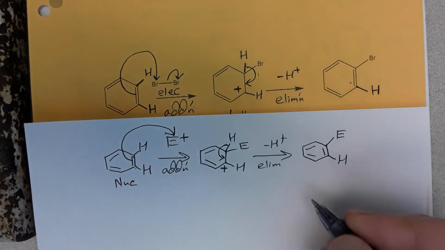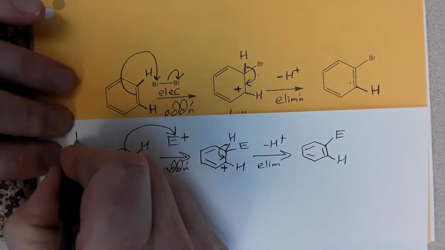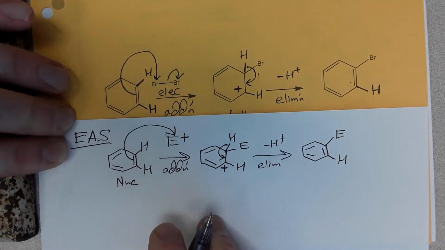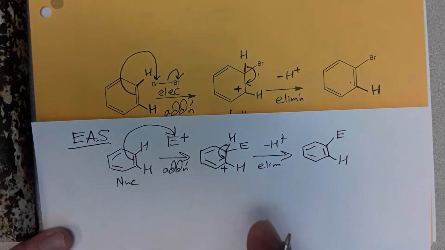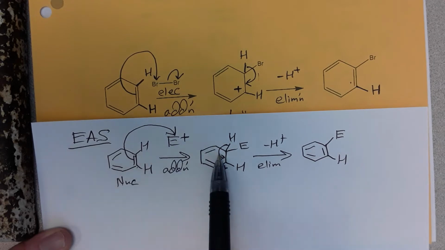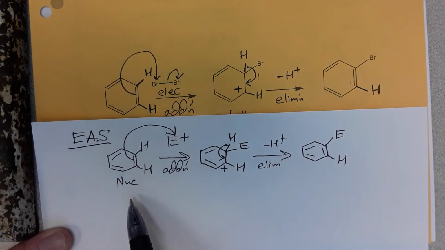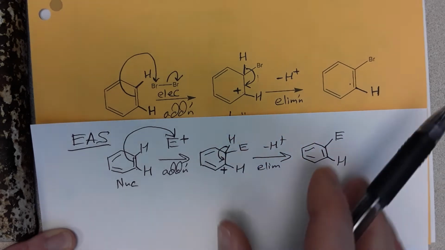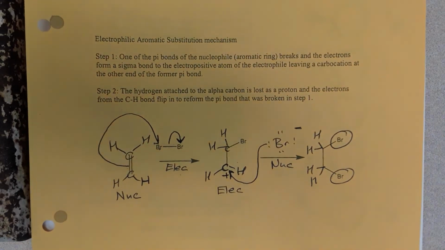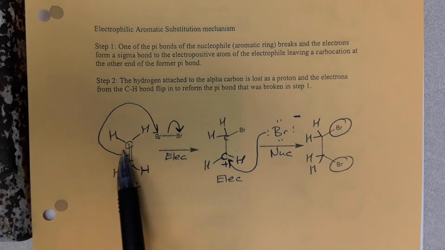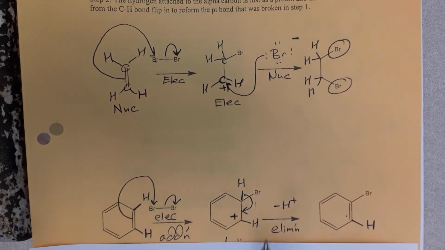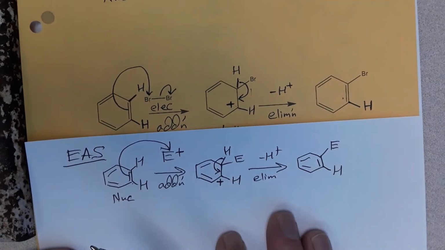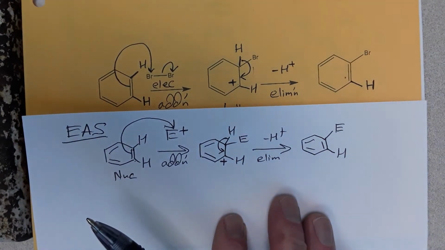Okay, so this is the overall generic electrophilic aromatic substitution mechanism, which you need to memorize, and you need to think about how this compares with other mechanisms such as addition, electrophilic addition, which we saw up above. And so this first step in both of these mechanisms is exactly the same. The second step is different.